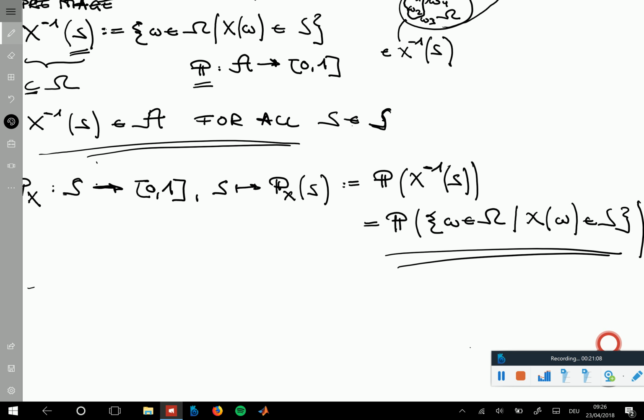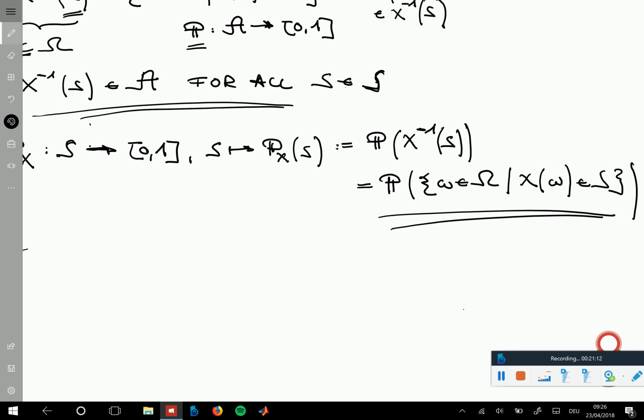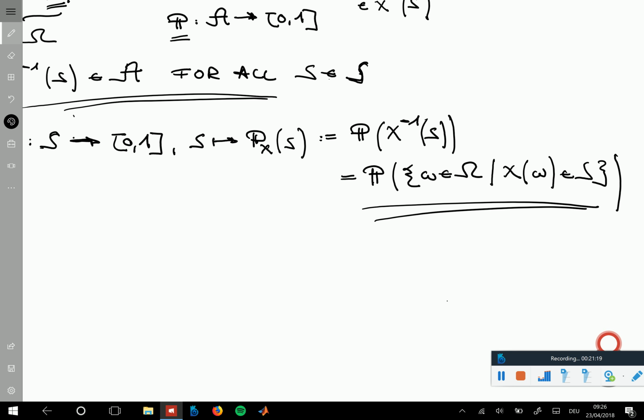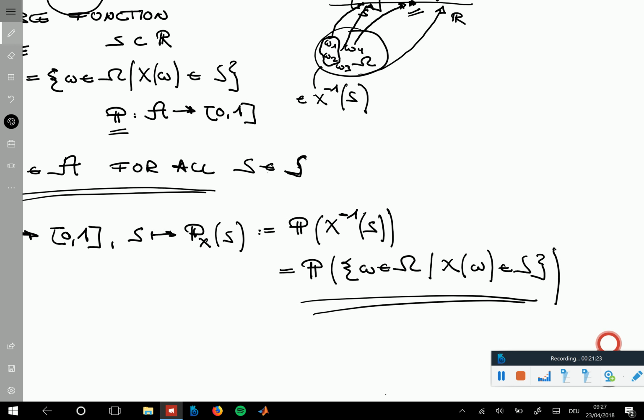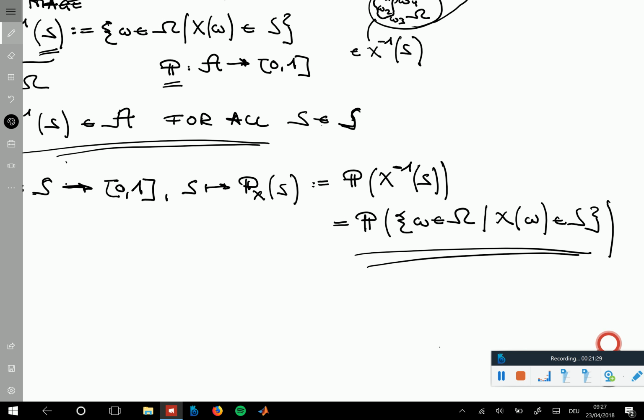By defining a measurable function, you ensure that these preimages are actually measurable, so that you can allocate a probability based on, of course, the original probability measure to these preimages.